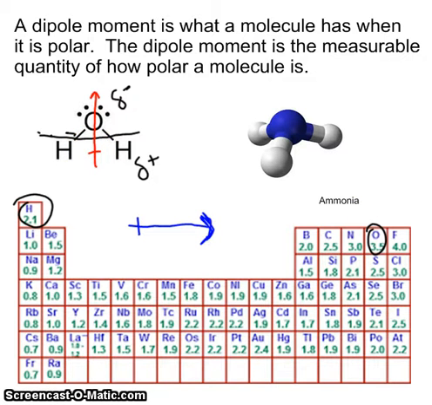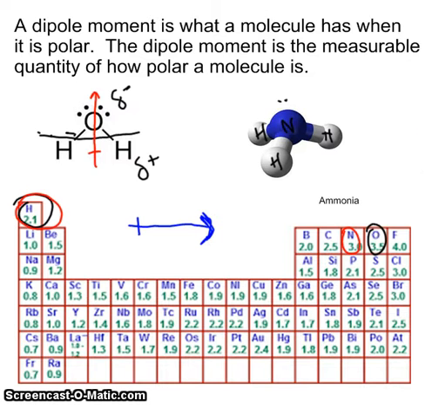Now I took ammonia, and now I have the three-dimensional ammonia molecule. Maybe this will help us see what it looks like in 3 dimensions. So this is N, H, H. The electrons are up here. Now, there is an electronegativity difference between nitrogen and hydrogen again.